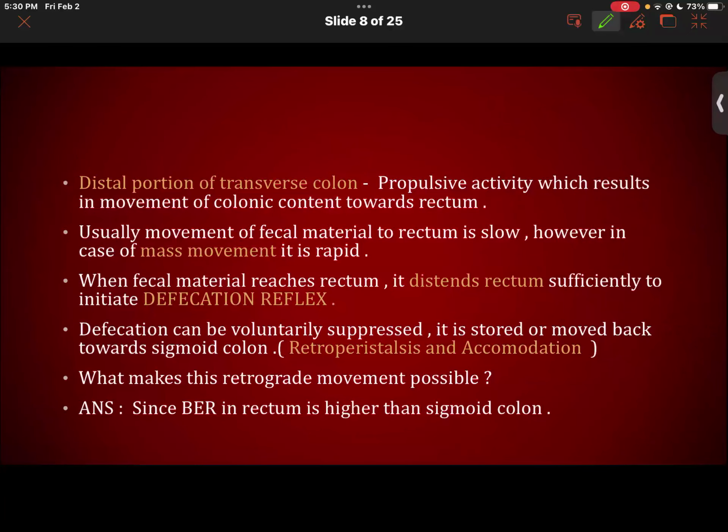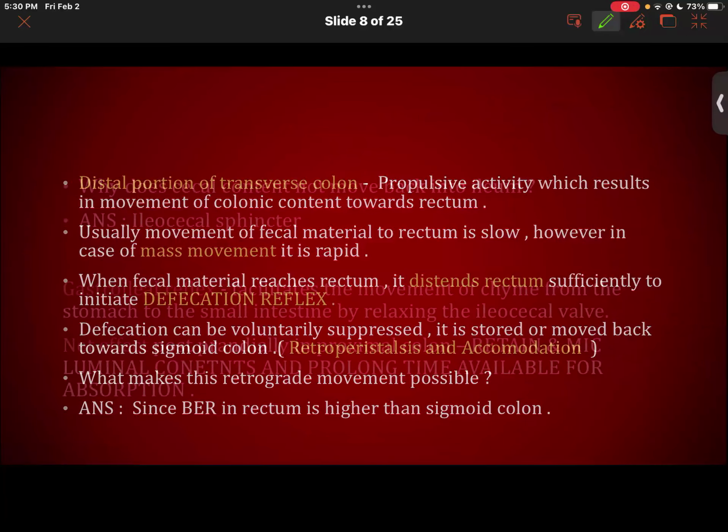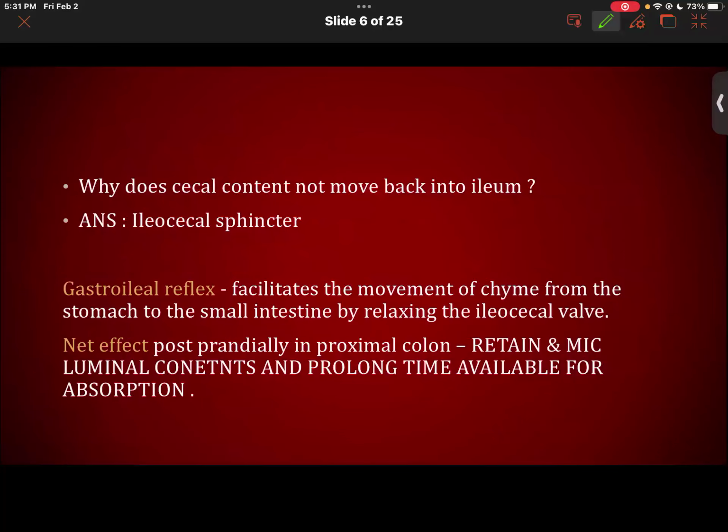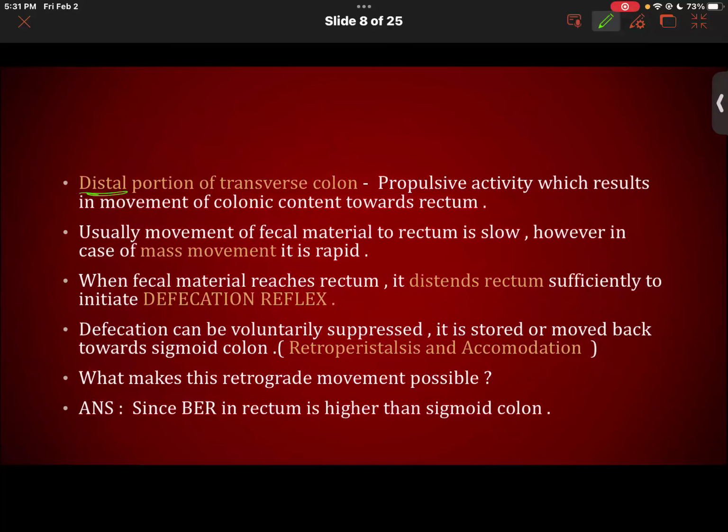I hope that's clear. Now we're done with the proximal portion. Let's come to the distal portion of the colon. So the distal portion of the transverse colon, this is still the transverse colon. Previously, we were talking about the proximal portion of the transverse colon. This over here is proximal. Although there isn't much of a difference, but still, just to make sure you understand, this is proximal. And over here we have distal, right?